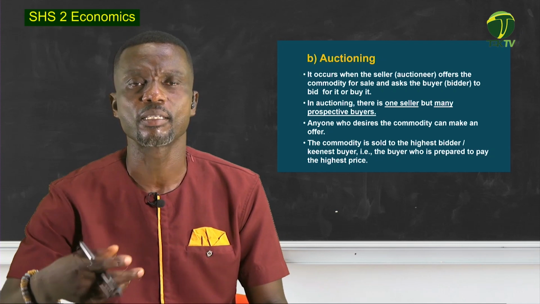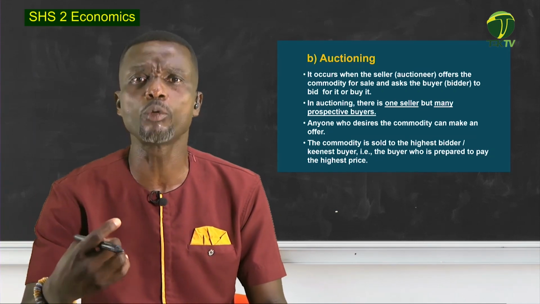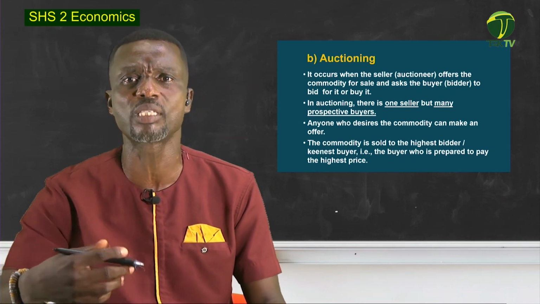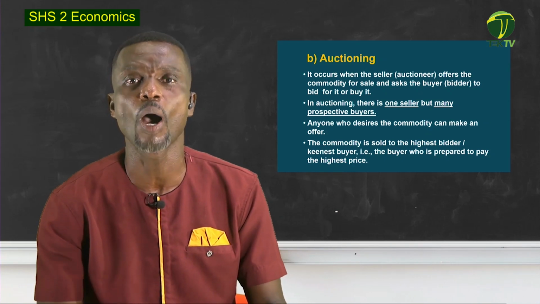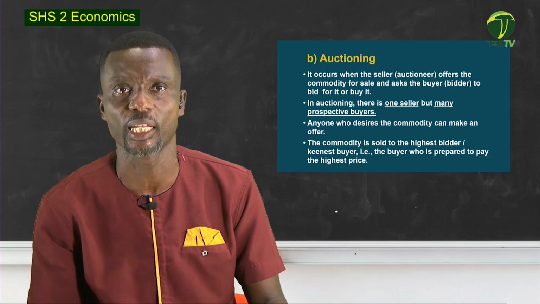Through the process, a lot of prices will be mentioned. Finally, the one who is able to bid the highest price becomes the keenest buyer, or the one who gets the commodity to purchase. This is what we call auctioning.